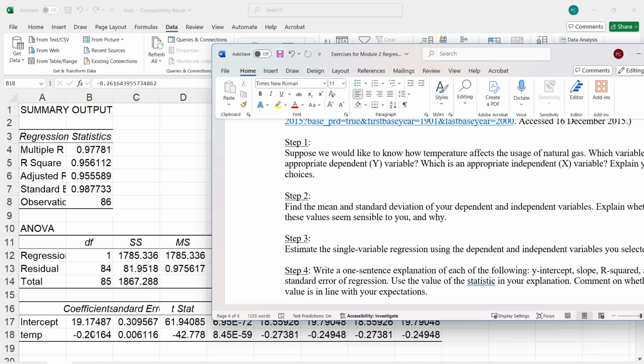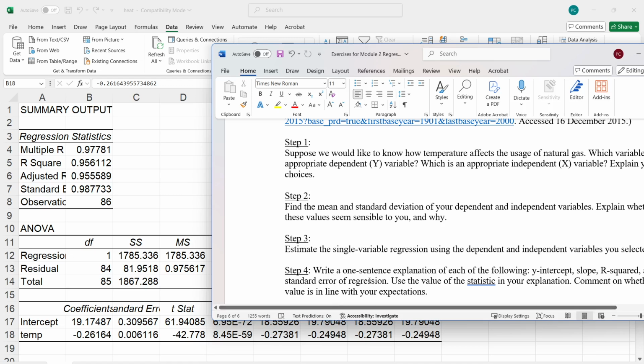Then the slope. Well, I just interpreted the slope. For each additional degree Fahrenheit in terms of the temperature, the model predicts that the users in this area are going to consume 0.26 therms less per day of natural gas. As for the R squared, well, R squared says that this model, which includes only the temperature, explains 95.6% of variation in usage of natural gas.